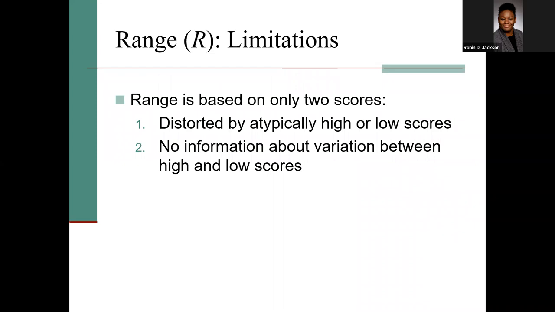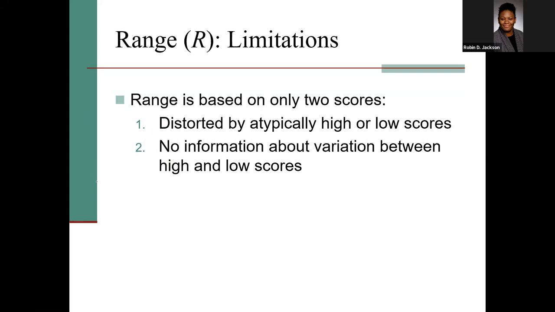All right, so one of the things about range is that range doesn't always give us all of the information that we want or that we need. Because it's based on only 2 scores, the highest and the lowest scores, it can sometimes be misleading.